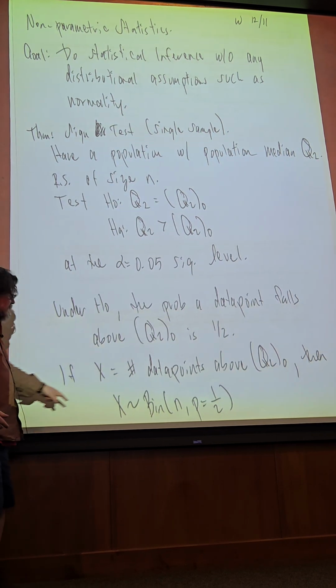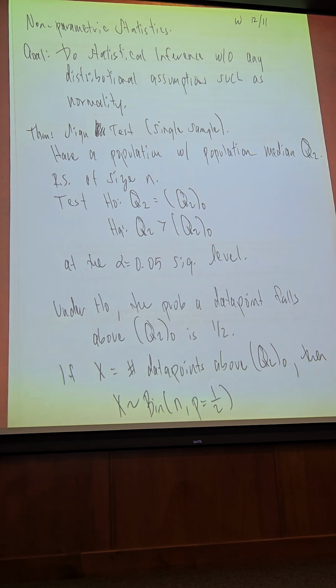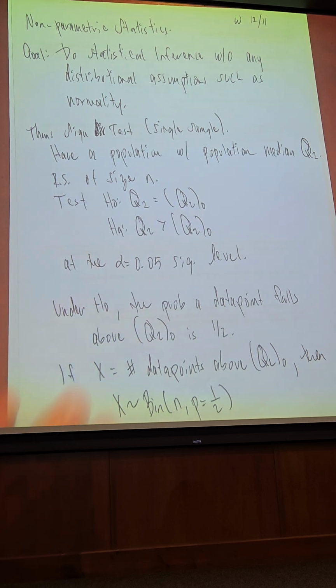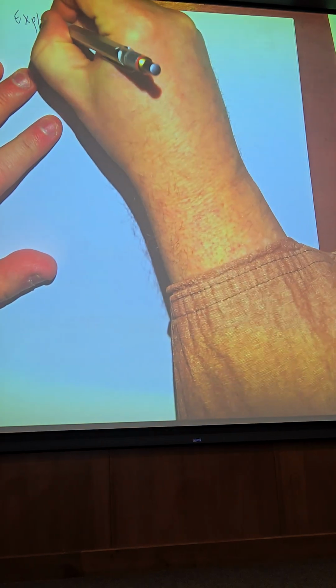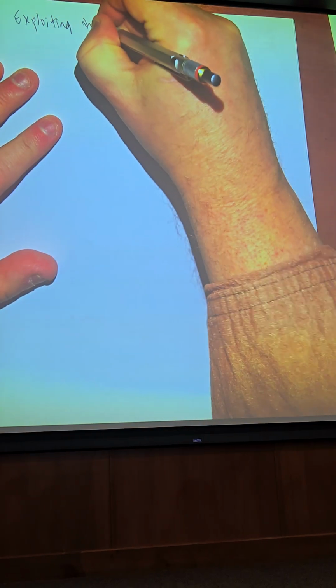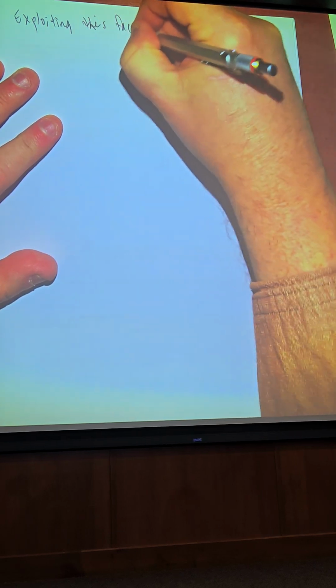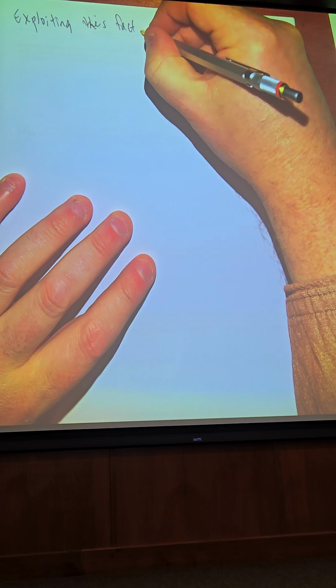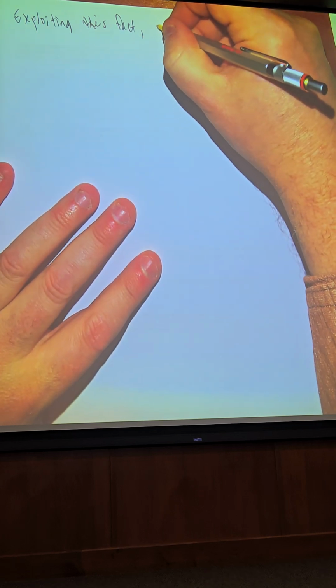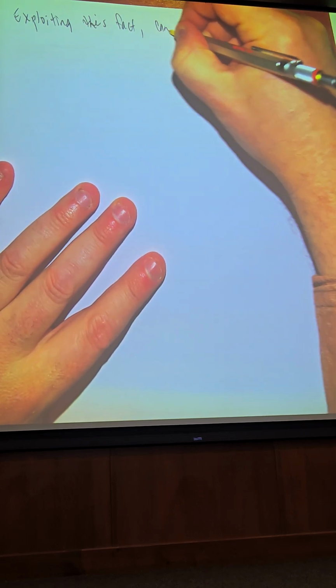And we're going to exploit this fact to develop a test without relying on normality like we have in the past. So exploiting this binomial fact, we can do the test as follows.